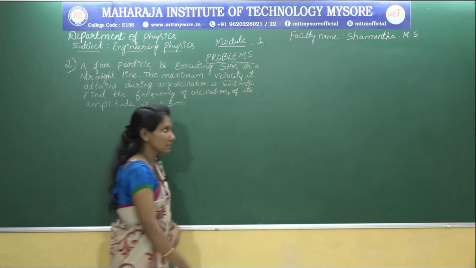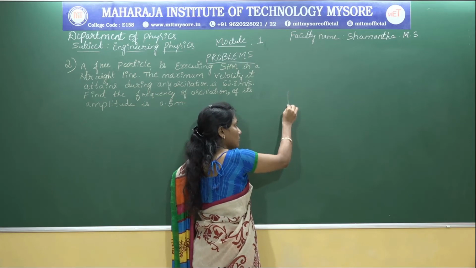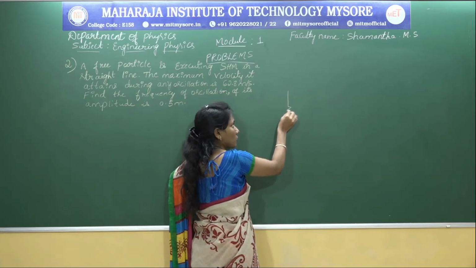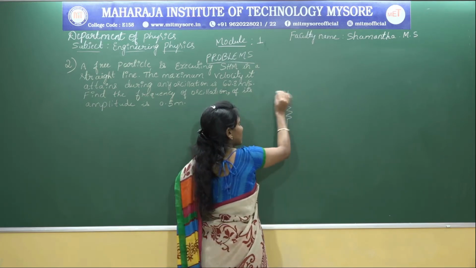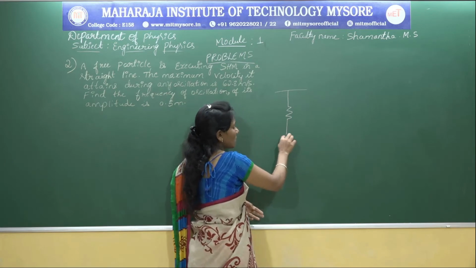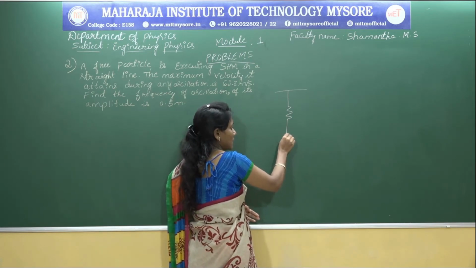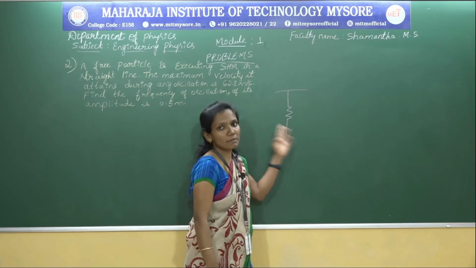If we consider any particle which is executing oscillations in a straight line, with a maximum velocity, that means at the center the velocity will be maximum.